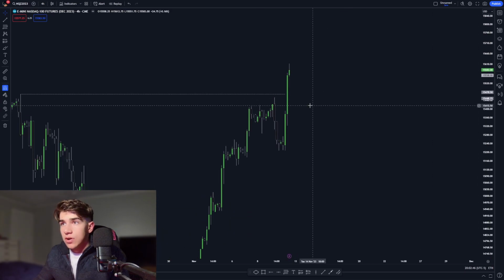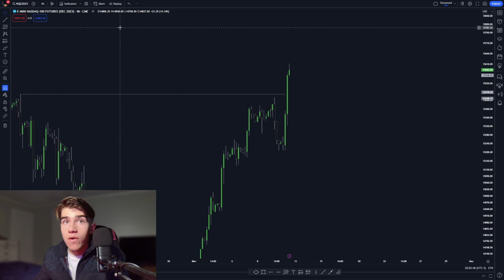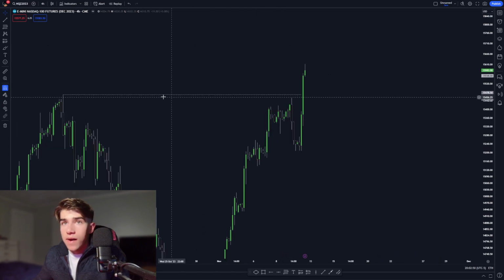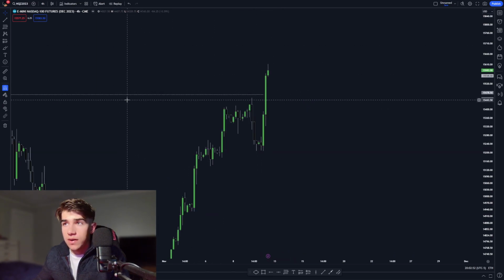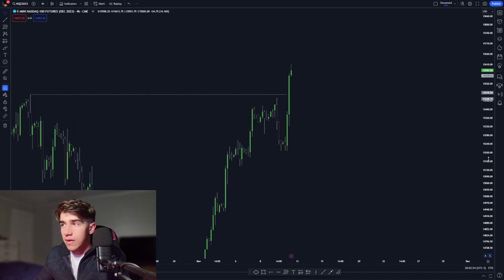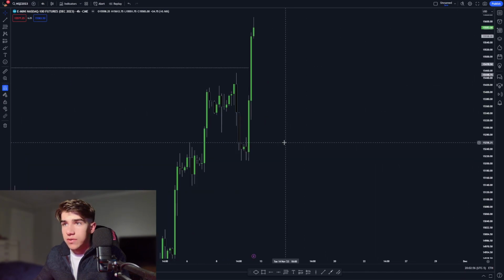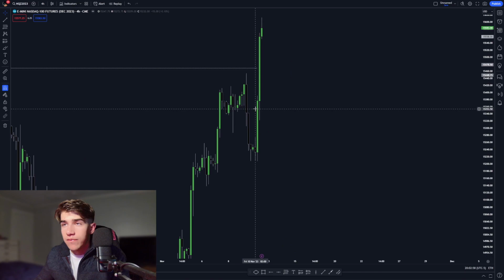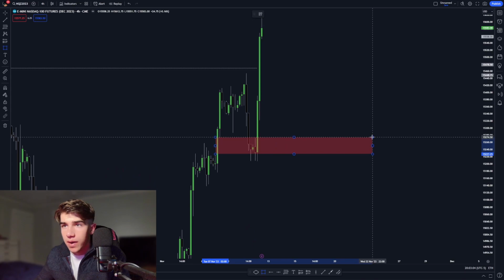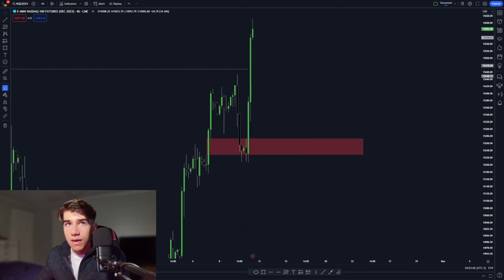So the trade that I took was up here. Keep in mind, this is the 4-hour time frame, okay? This was my drawn liquidity, right? This high right here. So what ended up happening was I saw on the 4-hour time frame right here, right? We were holding a 4-hour bullish fair value gap, okay? We were holding this, and what did the next candle do?